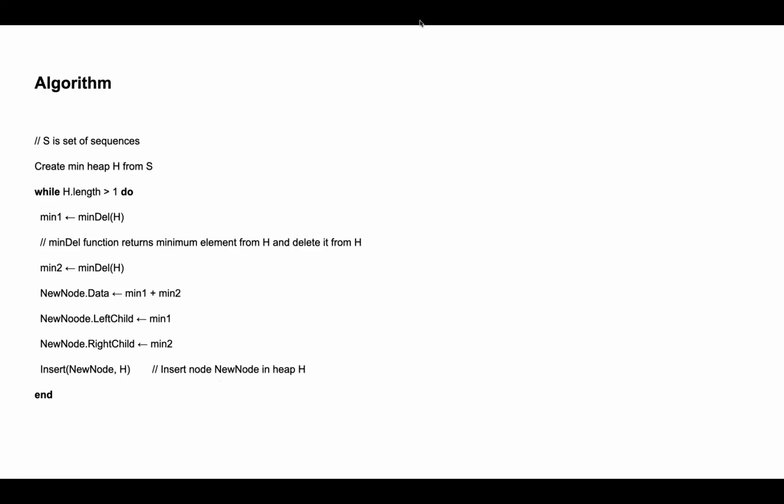What this is saying, I will show you on the whiteboard. Suppose this is the heap data structure, like this.